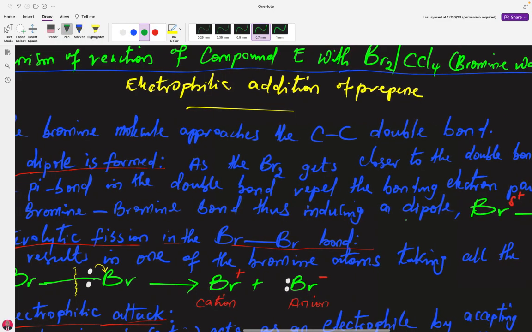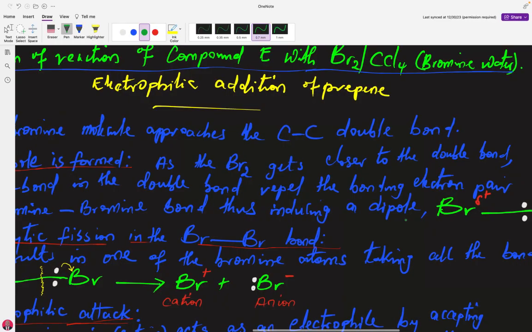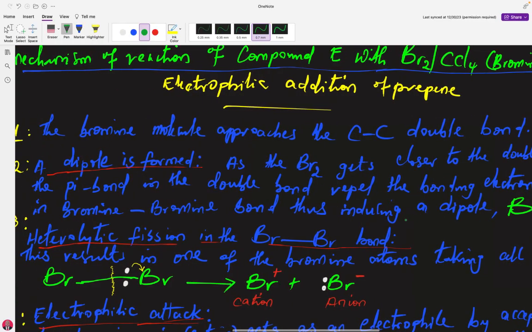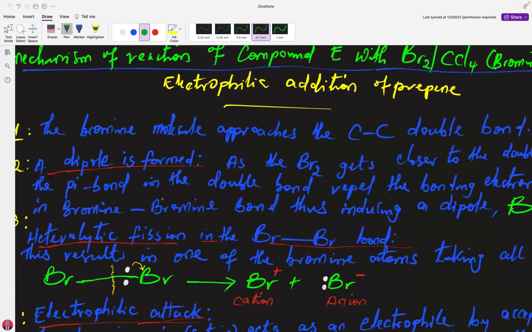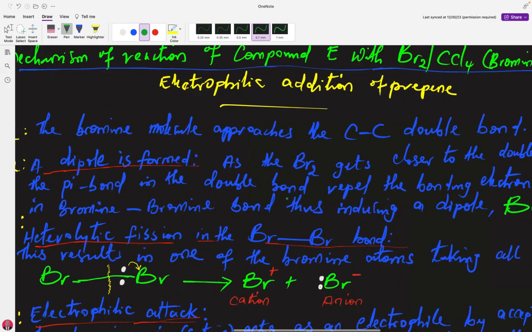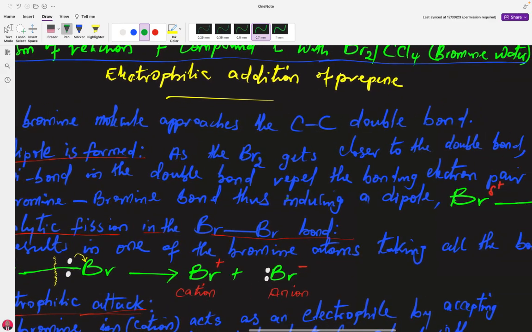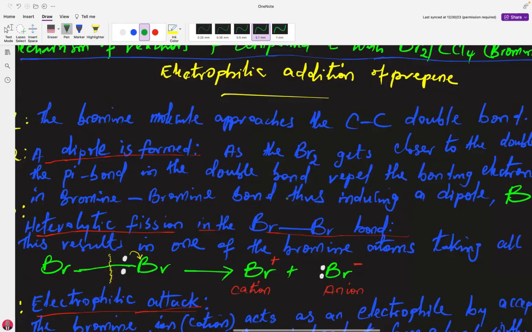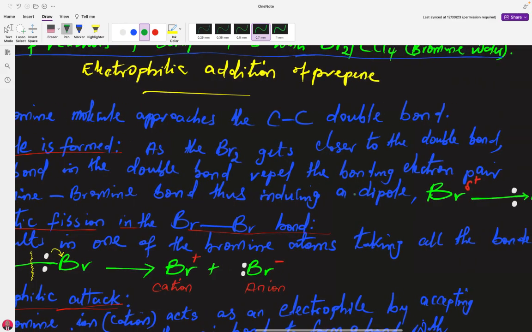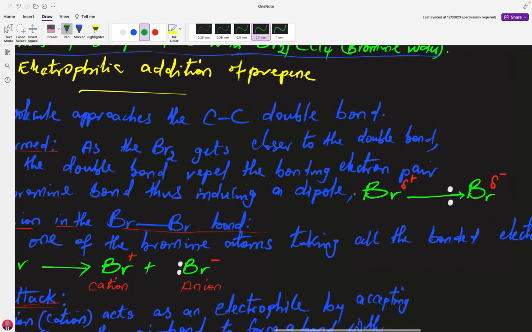As the bromine molecule gets closer to the double bond in the alkene, the pi bond will repel the bonding electrons in the bromine molecule, thus inducing a dipole. This is how it is.